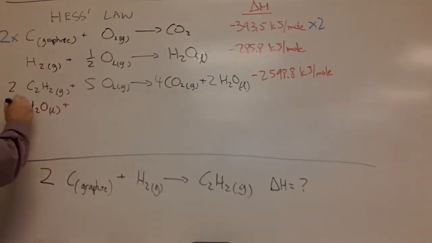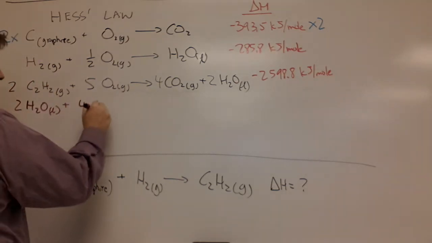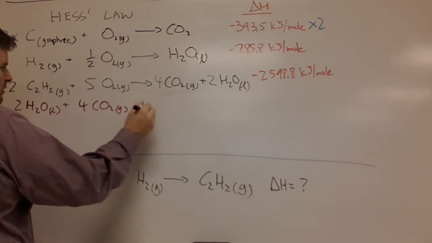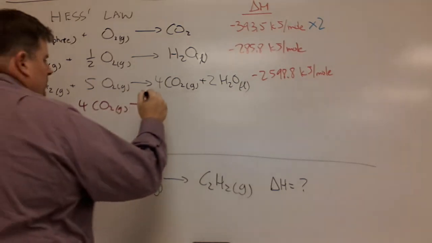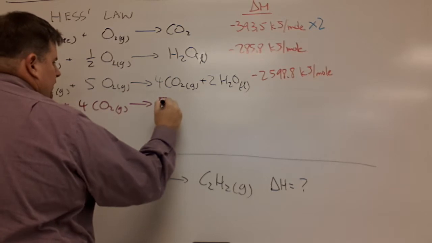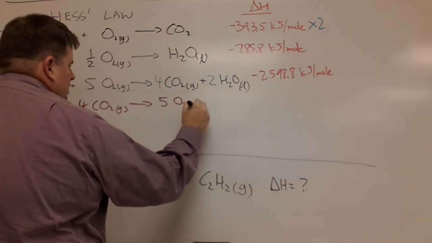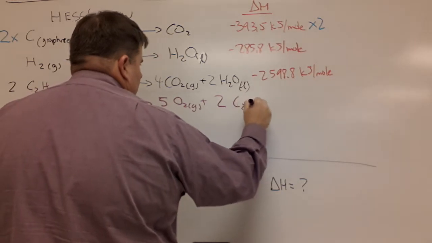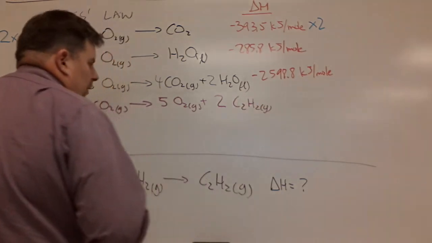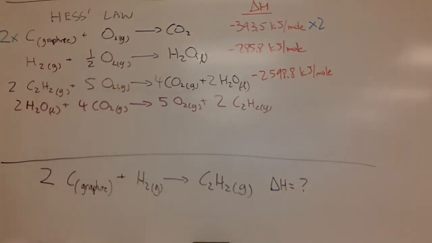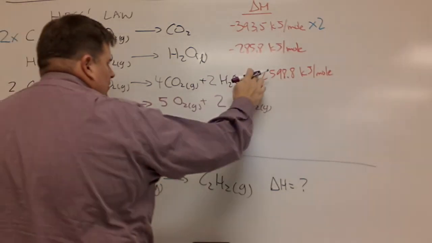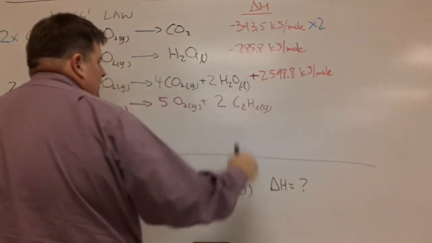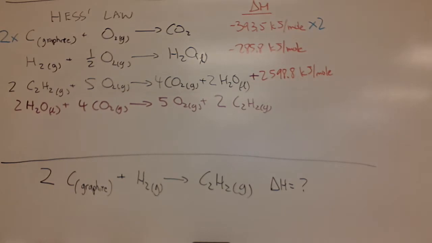So I've got 2 waters plus 4 carbon dioxides goes to 5 oxygens plus 2 acetylenes. All right? When I reverse that reaction, the sign here is going to reverse as well. Okay? So now it's gone to a positive value.